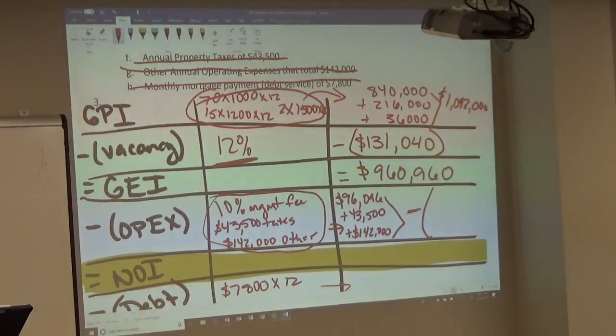So what does that total up to? We've got plus $43,500 plus $142,000. We've got a total operating expenses of $281,596. And we know that our operating expenses are a subtraction from our gross effective income.